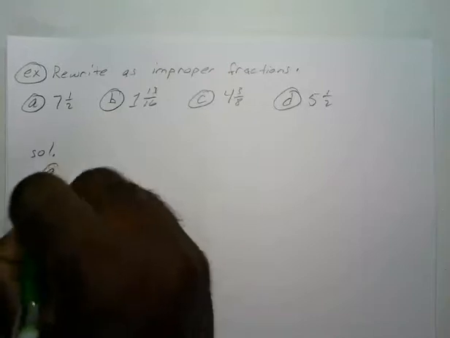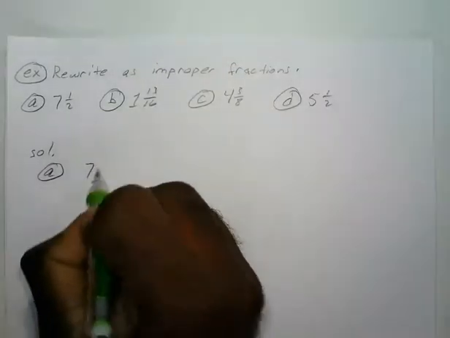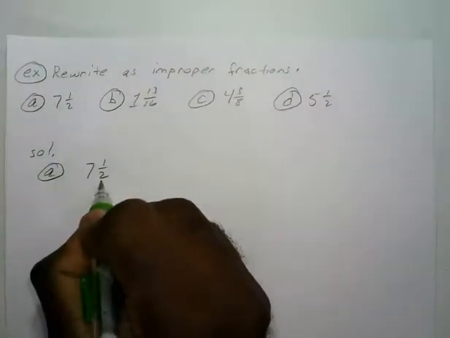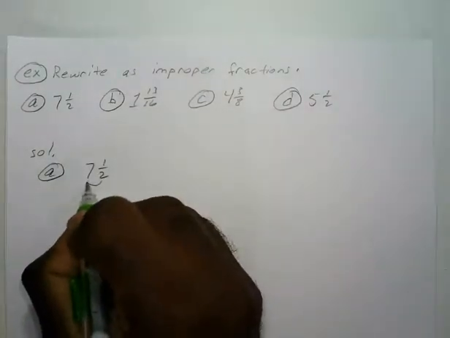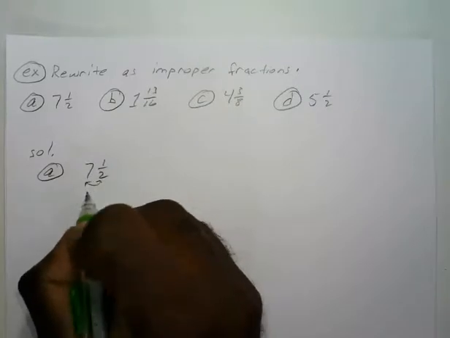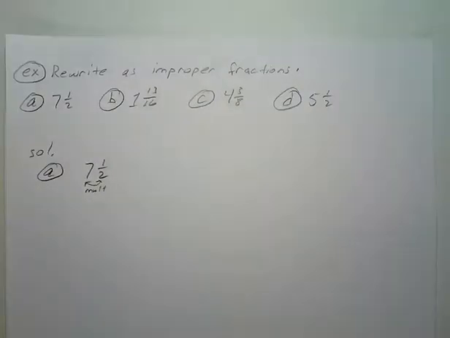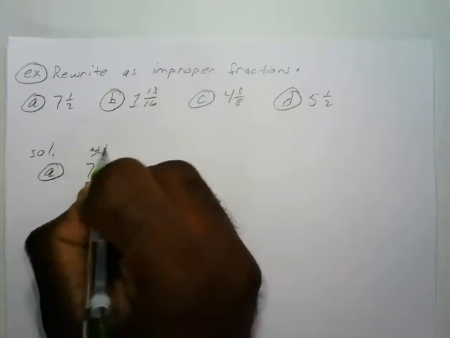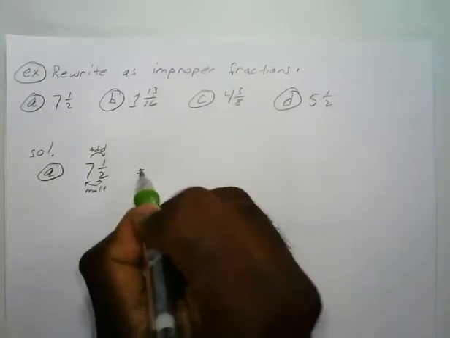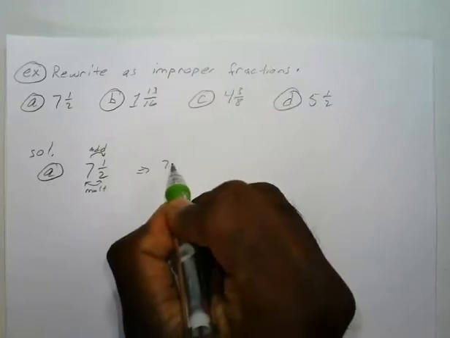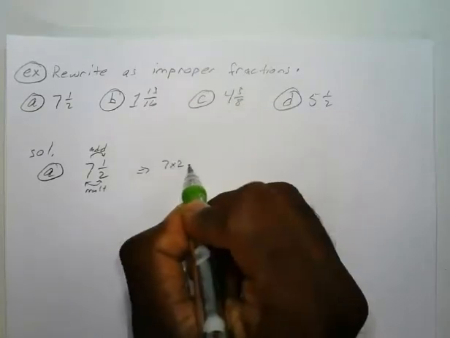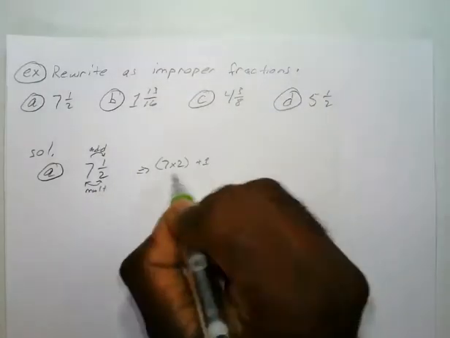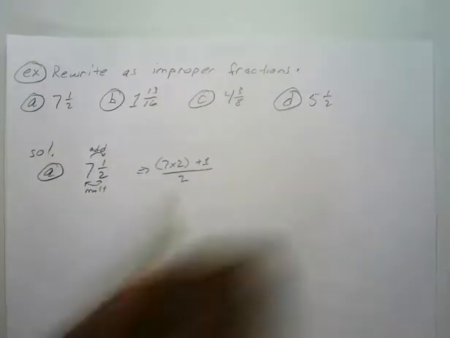Okay, so for problem A, if you have 7 and 1/2, remember you're going to multiply your denominator and whole number. And then when you do that, you're then going to add your numerator. So this is just going to be 7 times 2 plus 1 all over your denominator, which is 2.